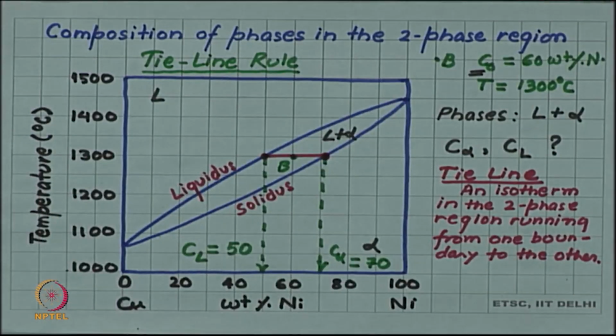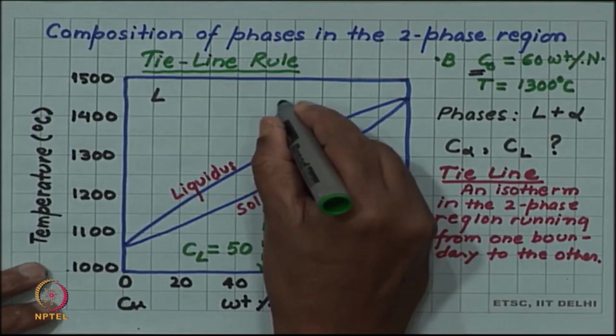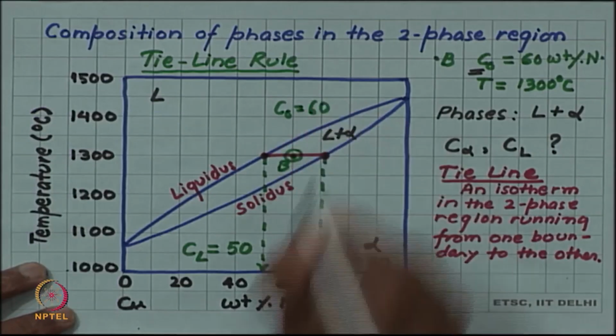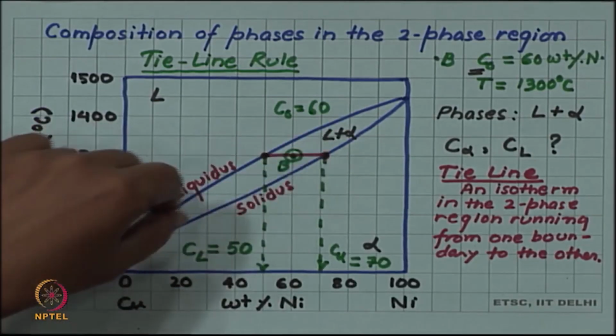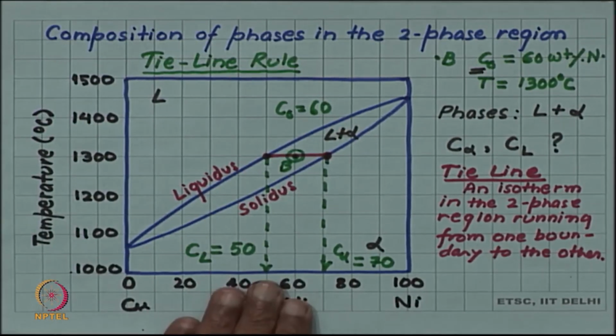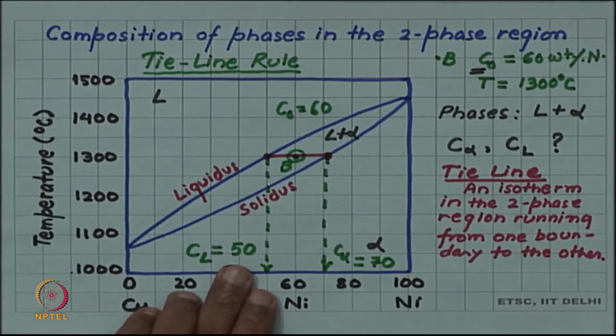Note that although the alloy C naught was 60 weight percent nickel, it got decomposed into two phases, liquid and alpha, but the liquid has less nickel, only 50 weight percent.